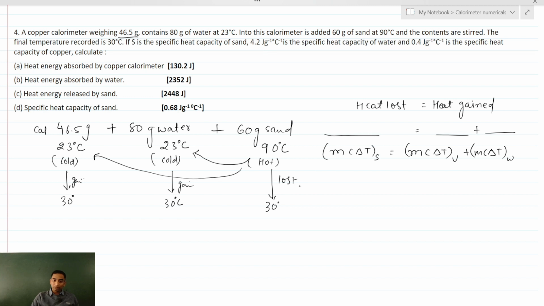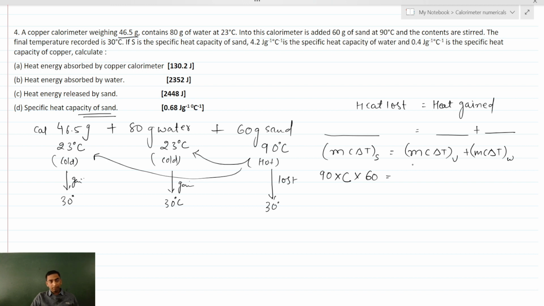Correct? So let us substitute the value. 60 grams into the specific heat capacity of the sand, that is what we need to find out, right? So I'm going to take this as C itself, and then from 90 to 30, so it is 60, higher temperature minus the lower one.